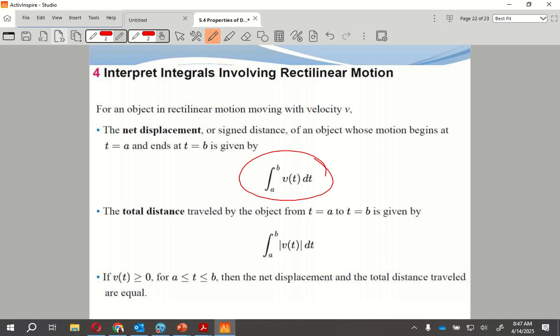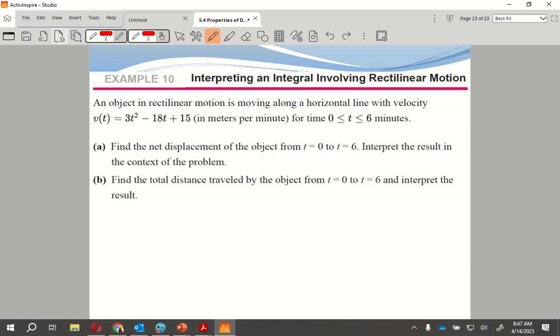My velocity tells me my direction. If it's positive, going forward, negative, I'm coming back. So that's what that means. Alright, we're going to try this. An object in rectilinear motion is moving along a horizontal line with velocity in meters per minute. This is probably one of the most used examples and one that is on the AP exam.